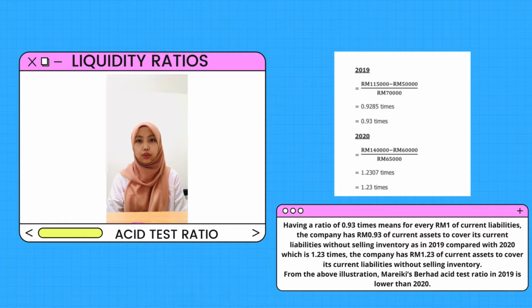The company has 1.23 ringgit of current assets to cover its current liabilities without selling inventory. From the above illustration, Mareiki Berhad's acid test ratio in 2019 is lower than 2020.